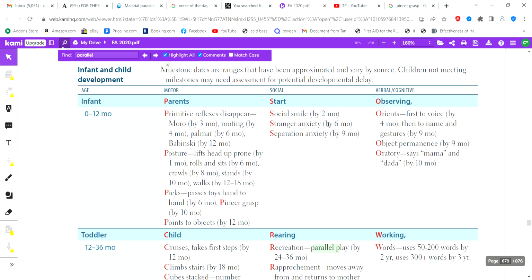The baby points to objects by 12 months. Social smile is by 2 months.